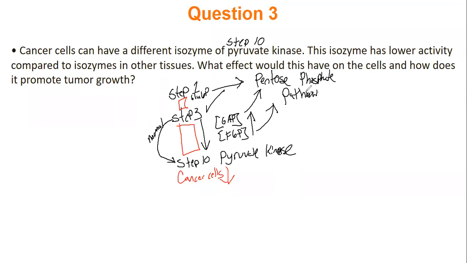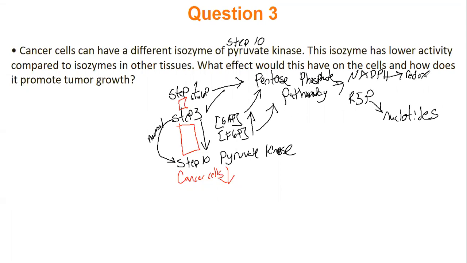In the pentose phosphate pathway, if we want to build stuff, we're either going to make NADPH from glucose 6-phosphate, or we're going to make ribose 5-phosphate. This makes nucleotides, and the NADPH can do redox reactions to make other molecules.